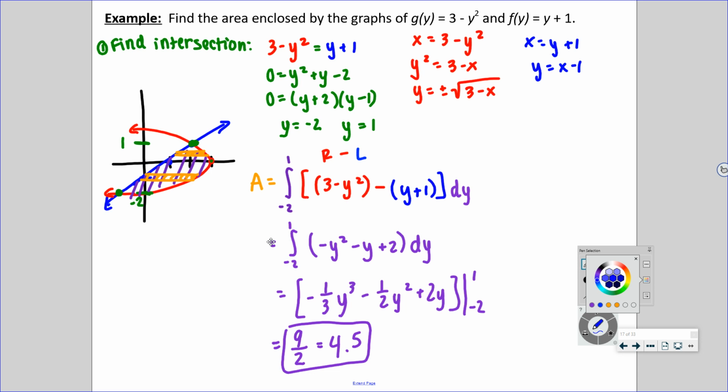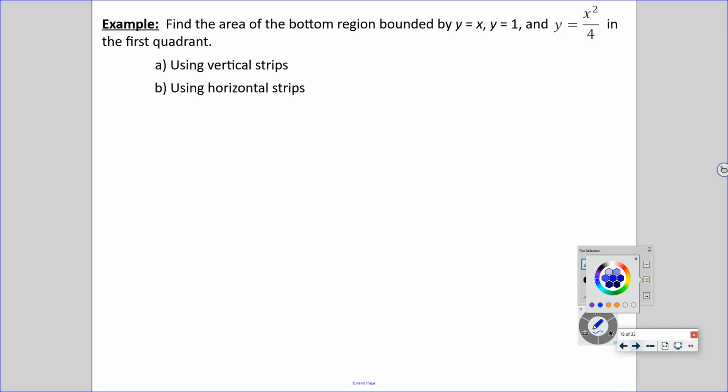All right, now we're going to do one problem where we find the same area. We're going to do it one way with respect to x and one way with respect to y, just so you can see the difference. It says, find the area of the bottom region bounded by these curves in the first quadrant, A, using vertical strips, so that means with respect to x.